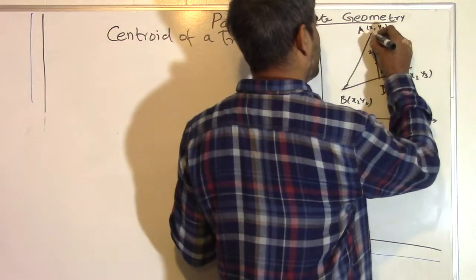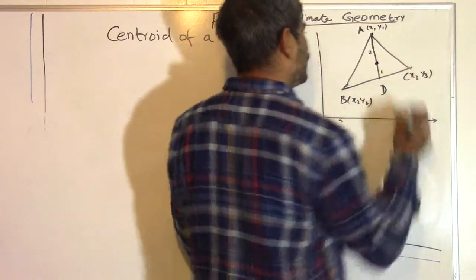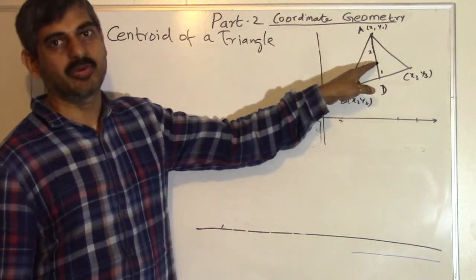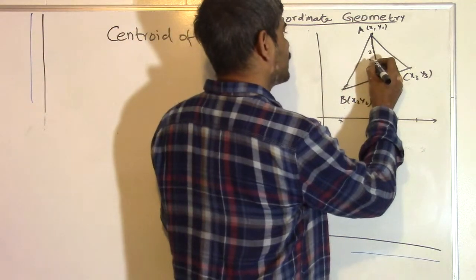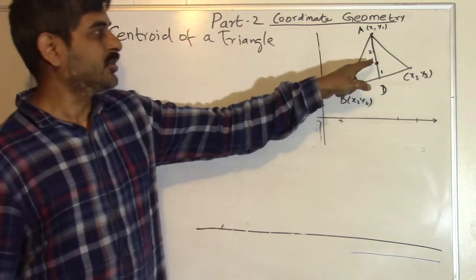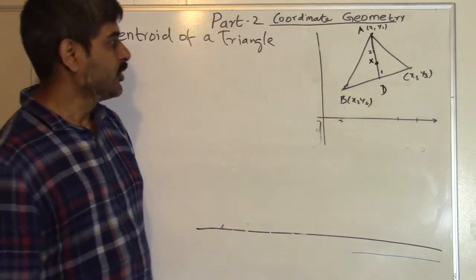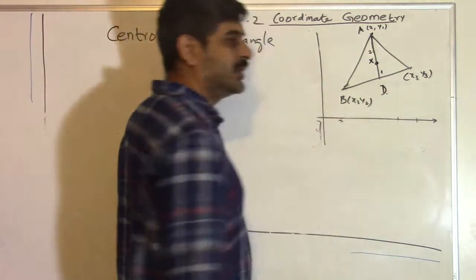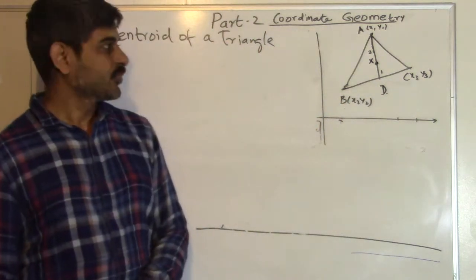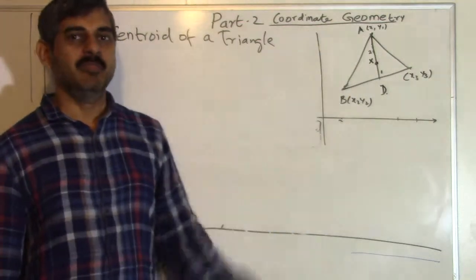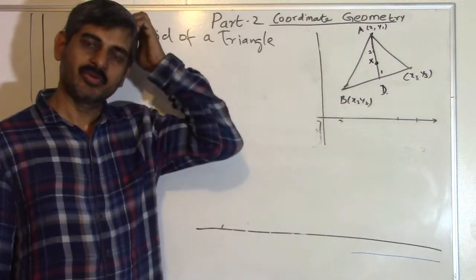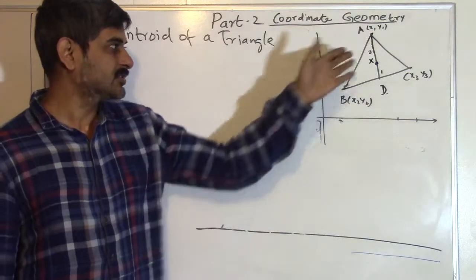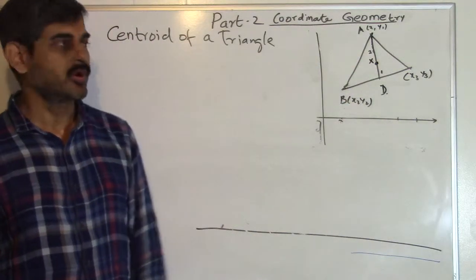So let's find the coordinate of this particular point, let's call it X. Let's find the coordinate of this point D first. We are doing this exercise to arrive at a very important conclusion, and we will look at that later on. But let's try to find the coordinate of X.